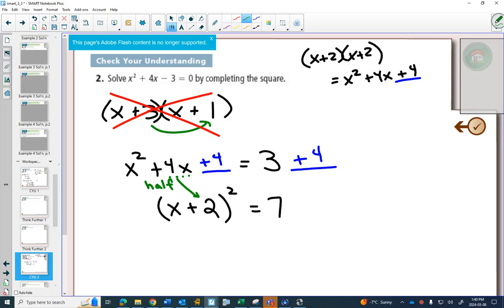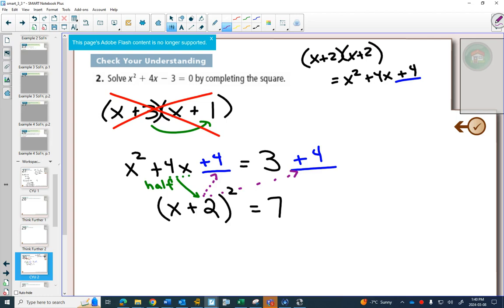And then knowing that that's a 2, that gets us back to that space. Because if I have x plus 2 times x plus 2, my last ones has to be a plus 4. So I need to add a 4 there, which means I also need to add a 4 there, I also need to add a 4 there.